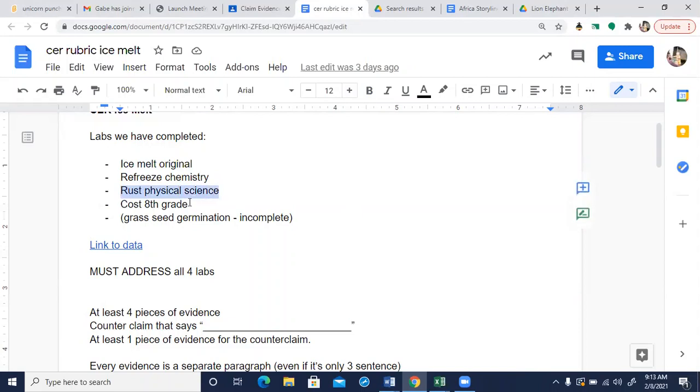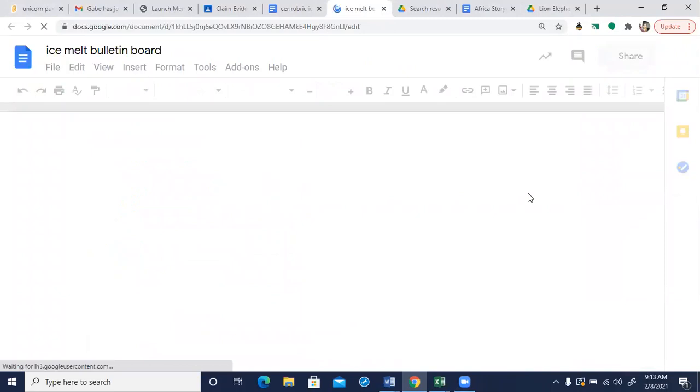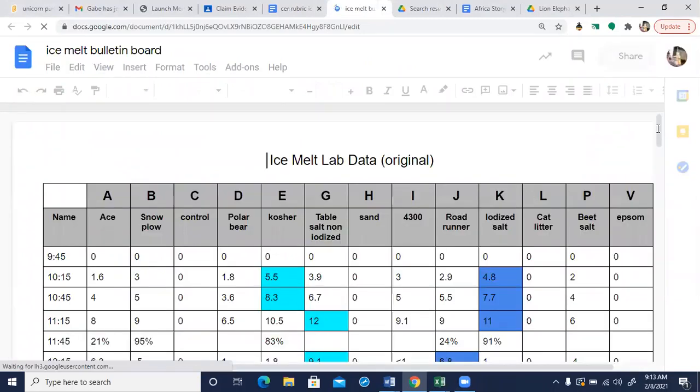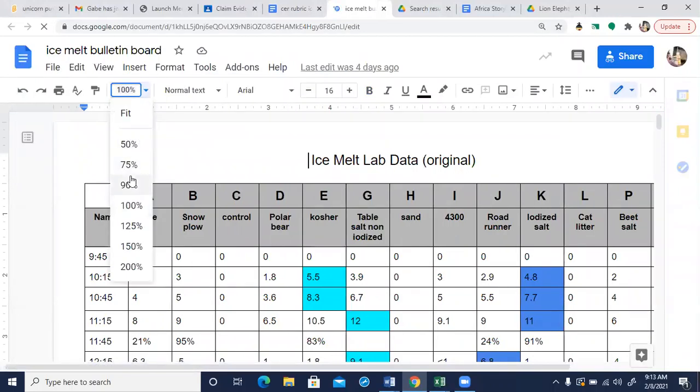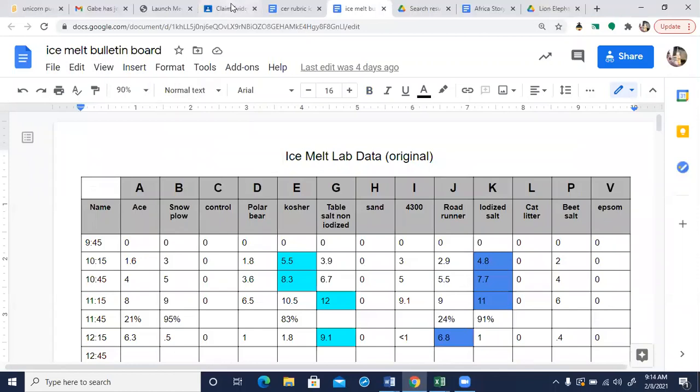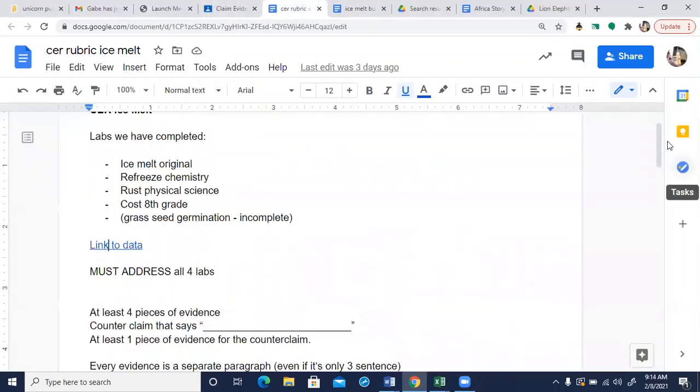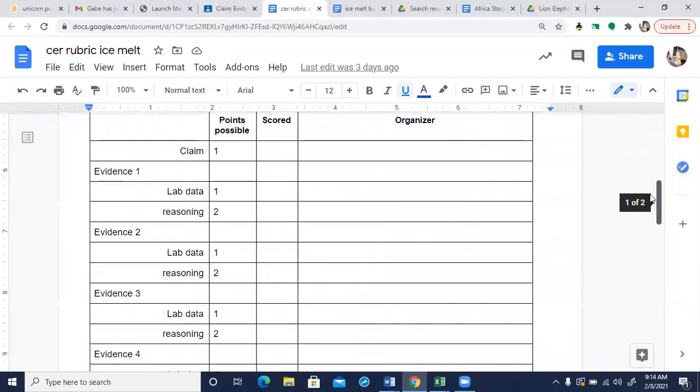Evidence three is your guys' Rust lab. And then evidence four is this cost lab that the 8th graders completed for us. So if you click this link here, it pulls up all of the data.